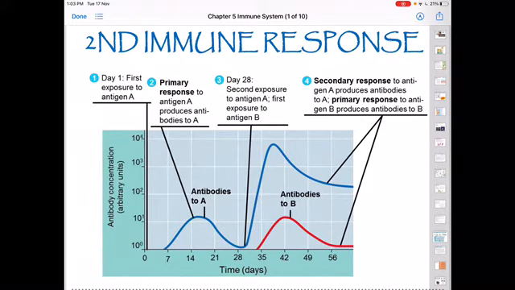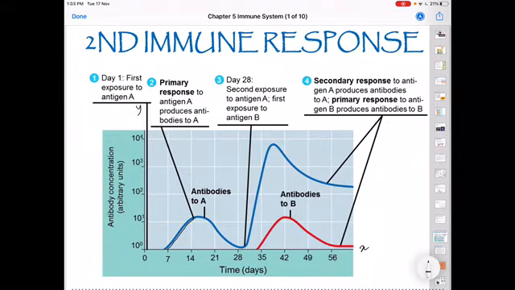Okay, so let's see the first exposure to antigen A. On this graph, X is referring to time, and Y is the antibody concentration. So this is the first day when the body is exposed to the antigen A. What happened here?